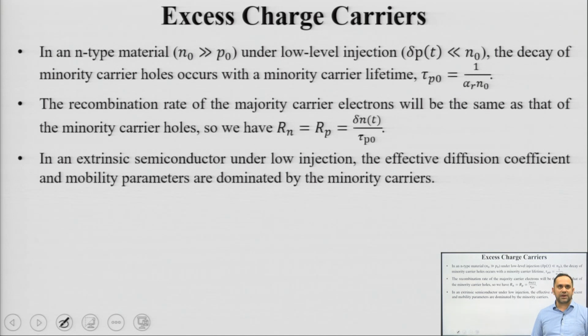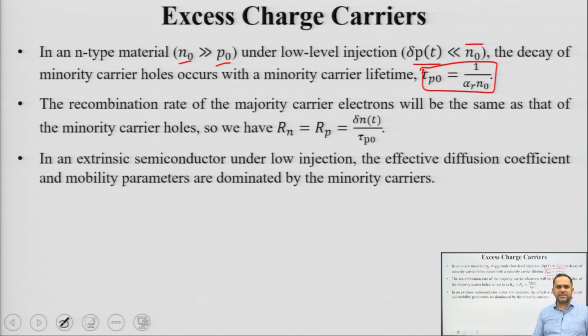For an n type material, where there are a lot of electrons as compared to holes at equilibrium, again we make the assumption of low level injection, which says that the minority holes being generated in excess are quite less than the majority electron concentration. The decay of minority holes occurs with the minority carrier lifetime given by this equation.